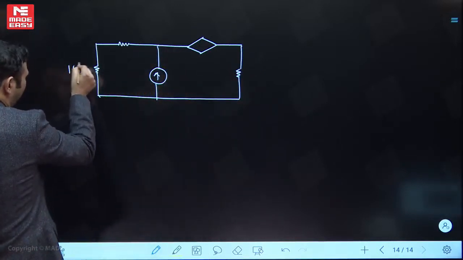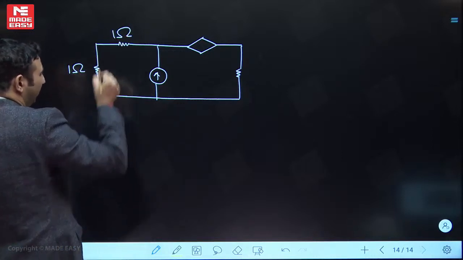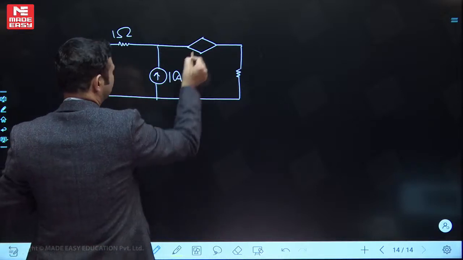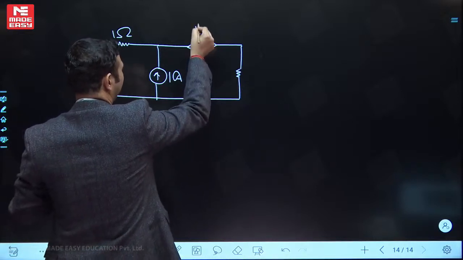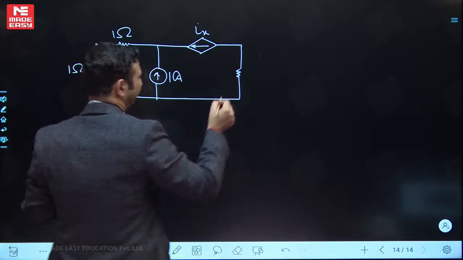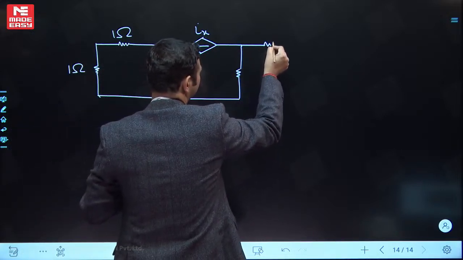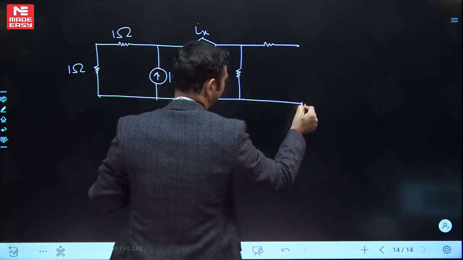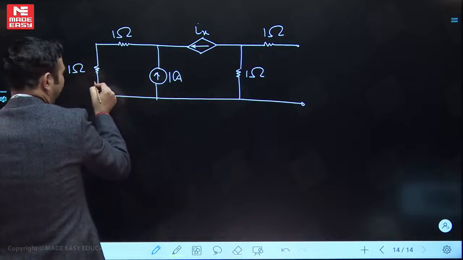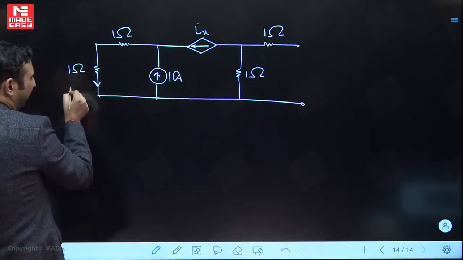Let's take it as 1 ohm, 1 ampere, Ix, and 1, and let's say 2Ix.